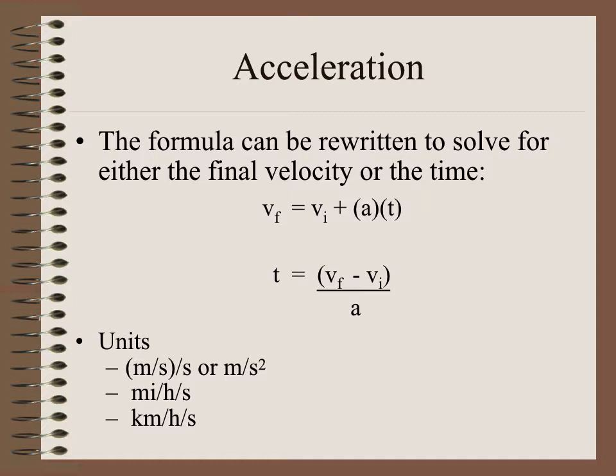Whenever we accelerate and we're talking about speed, speed is going to be in something like miles per hour, but accelerations occur over seconds. They don't occur over minutes, and they definitely very rarely ever occur over hours. So we can write something like miles per hour per second or kilometers per hour per second, depending on the situation.